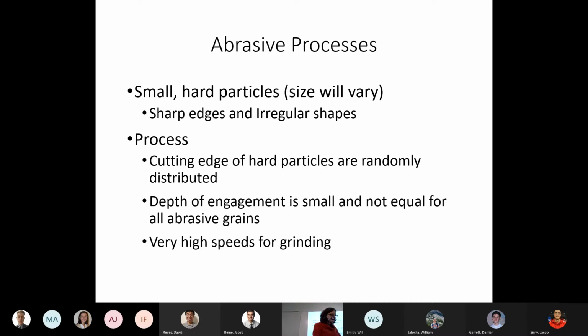If we consider the action of an abrasive process, we have small, hard particles. They could be sand, which would be somewhat unusual. They could be a ceramic, for instance a carbide or an oxide.